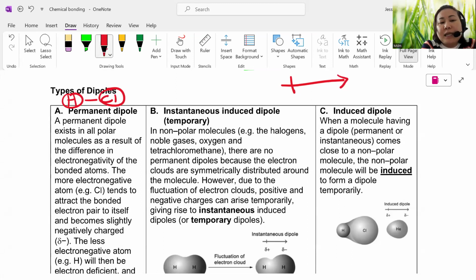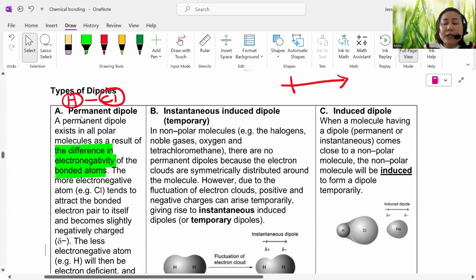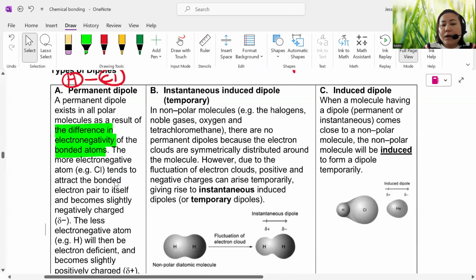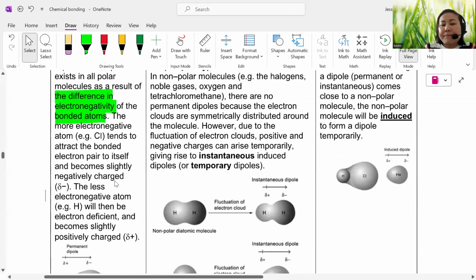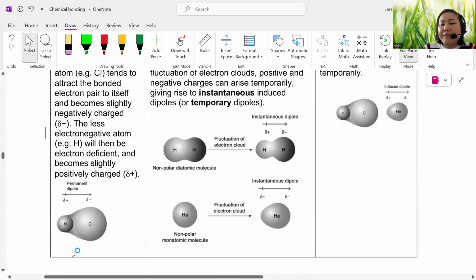This permanent dipole arises because of difference in electronegativity of the atoms. Because of the electronegativity difference of H and Cl, there will be a permanent dipole existing in the molecule. It will always be there, this dipole.